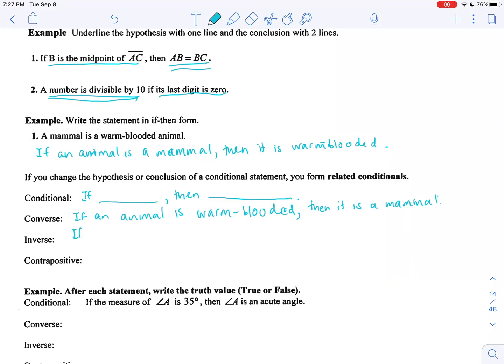If we go back to our original conditional, if an animal this time is not, we're going to add that. It's called negating.